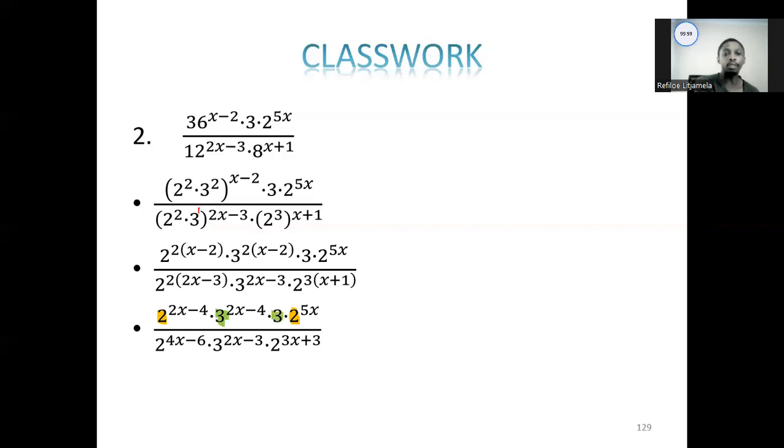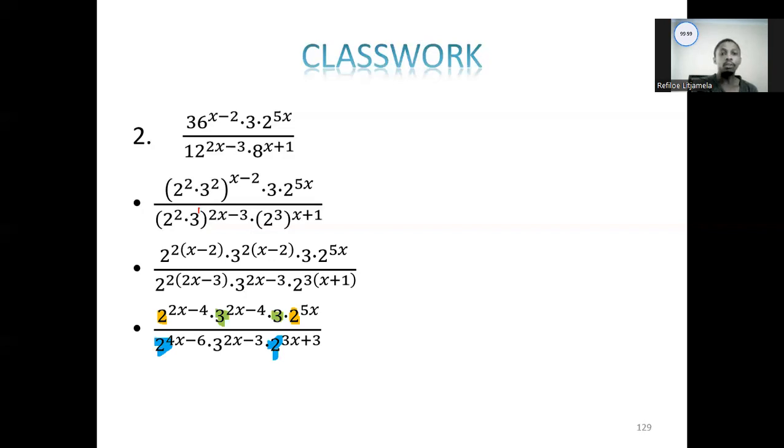In the denominator, we've got this one here. We choose a different color, and choose this. So this here will be multiplied with that 3. There's no other base of 3 in the denominator, so that one I will not worry about.